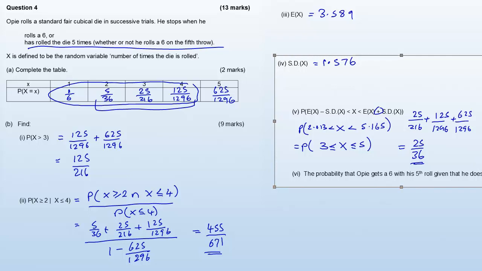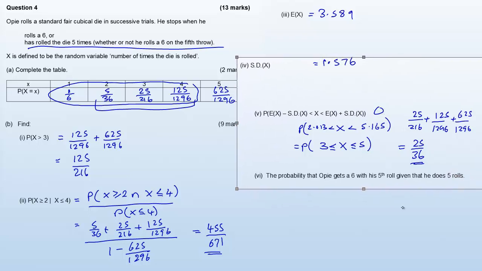I don't think we've quite got the question in shot here. I'm just going to bring this over. The probability that OP gets a 6 with his 5th roll, given that he does 5 rolls.